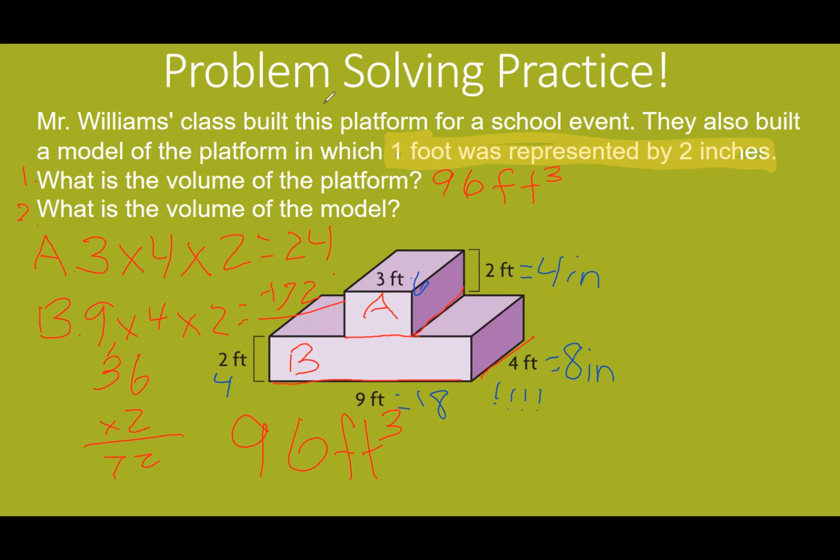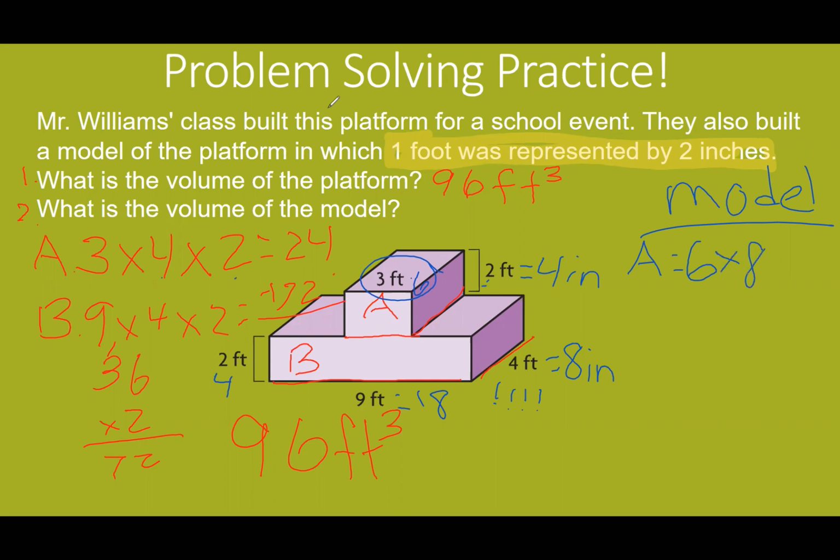Absolutely. So what we're doing is the exact same thing, but in this case we're talking about the model and not the actual figure. Look back to A. We did the 3 feet, which is going to be 6 inches. And we multiplied it by the 4, which is the depth, and that 4 is 8 inches.